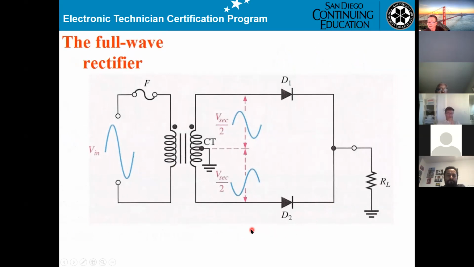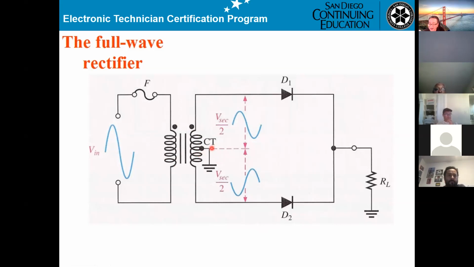Okay, so there's a little more detail for the student to understand more clearly. Now, full wave rectifier using a CT transformer. CT means center tap transformer.